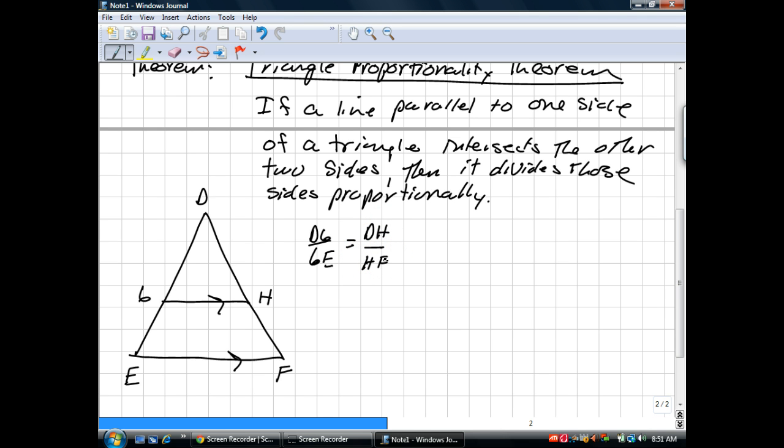So the big part of one side to the small part of the other side is to the big part to the small part. So we set up the proportion large piece to smaller piece is equal to large piece to smaller piece.